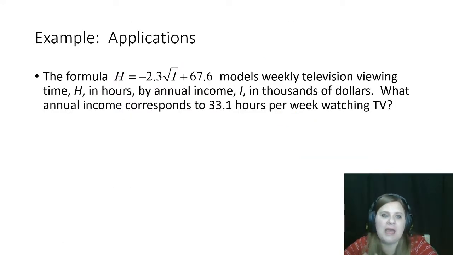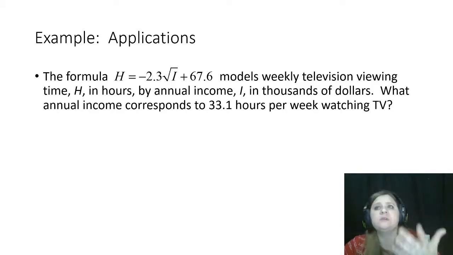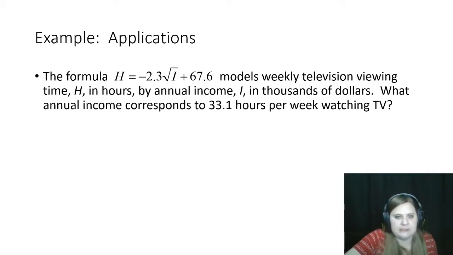All right, let's look at an application of why we're using equations that aren't just lines or just quadratics. Where else would we see things like this, where it's radicals or whatnot? Well, one of them is this formula here, h equals negative 2.3 square root of I plus 67.6.